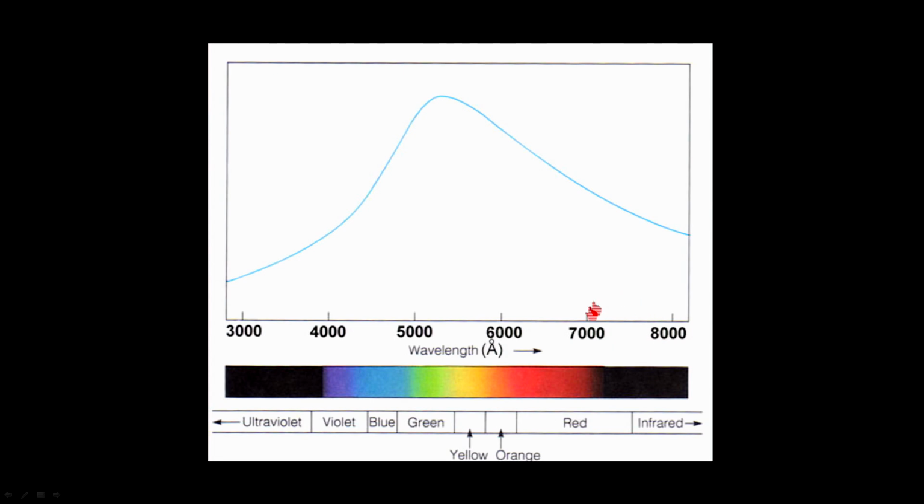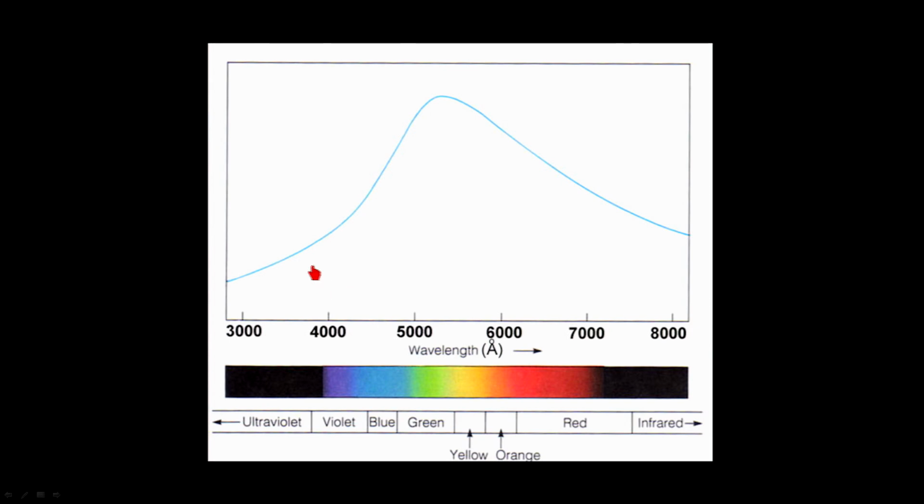When we have wavelengths that are long, such as 7,000, it is red. When we have wavelengths that are short, such as 4,000, this is in the violet. So we have the numbers, we have the visual representation of those numbers, and we have the names to go with it, just to make sure that you understand completely what's going on on the horizontal axis.